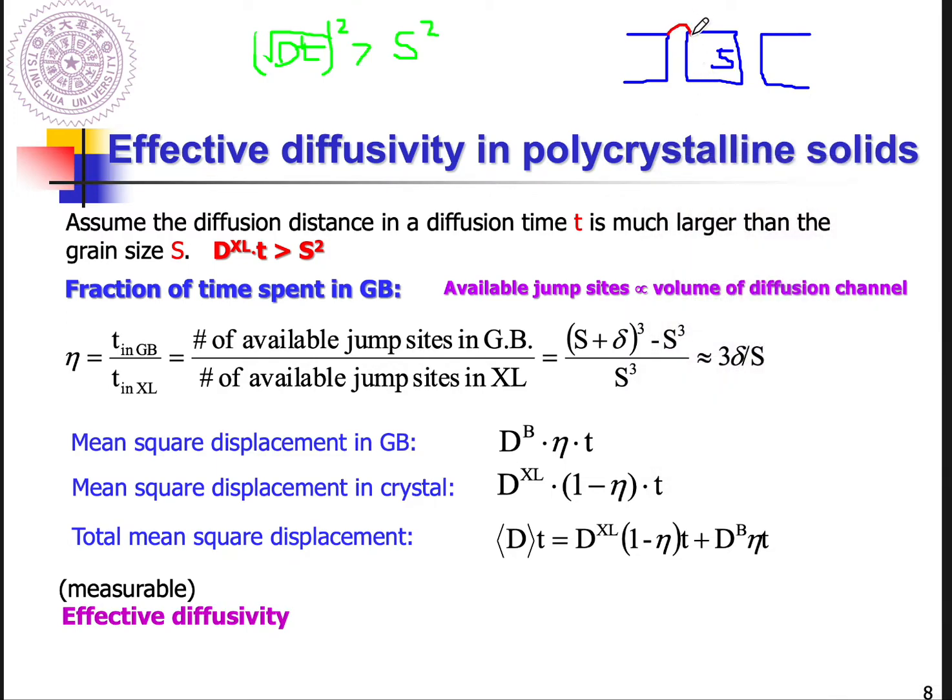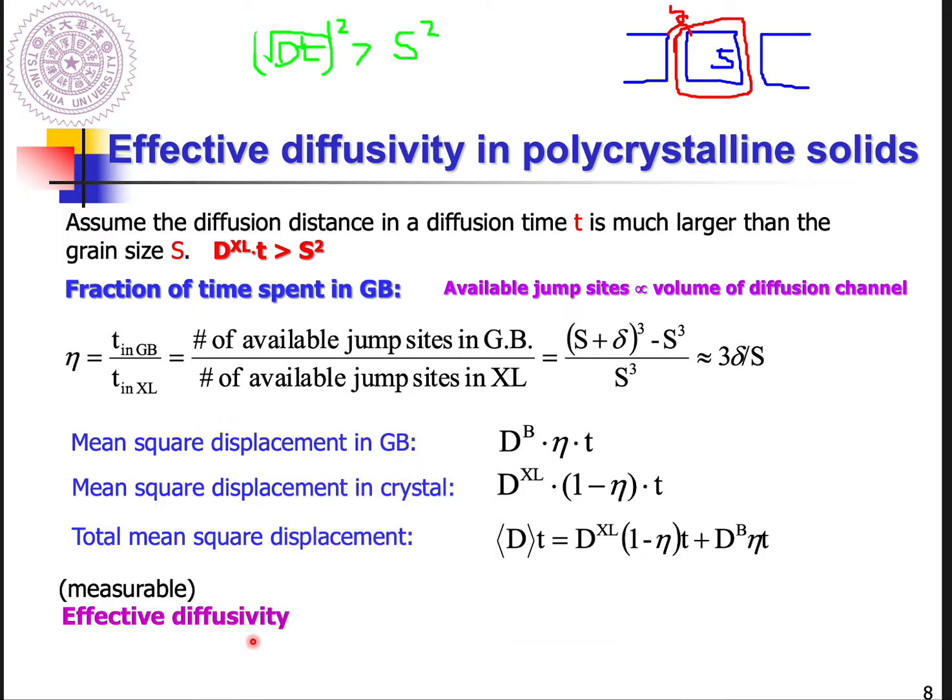This is delta, the thickness of the grain boundary. So it's S plus delta over 2 plus delta over 2, which is S plus delta, to the power of 3, minus S cubed. S cubed is the volume of the grain, so the rest is the volume of the grain boundary. Because S is much larger than delta, the result will be 3 delta divided by S.